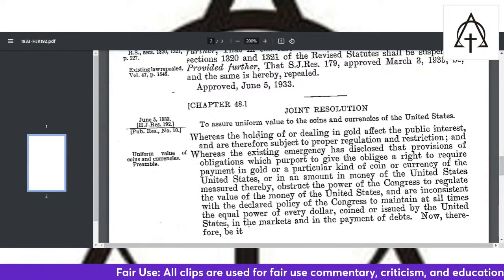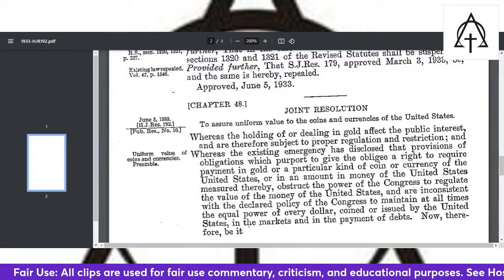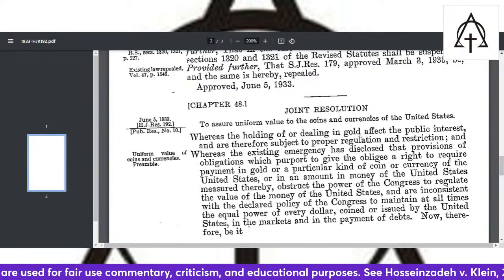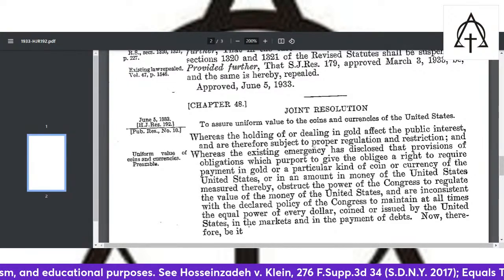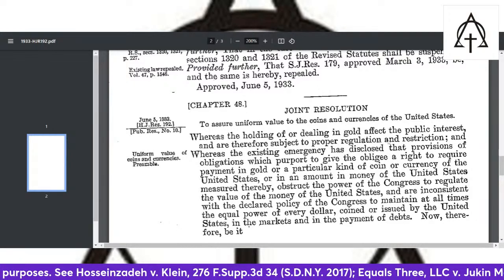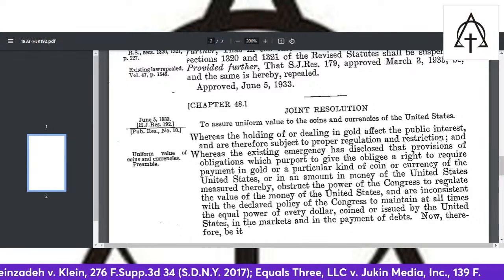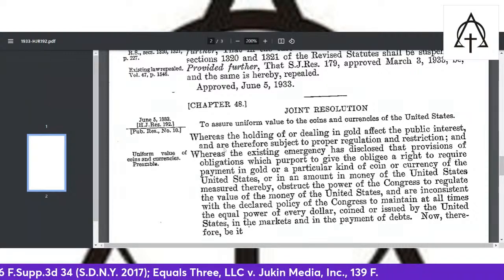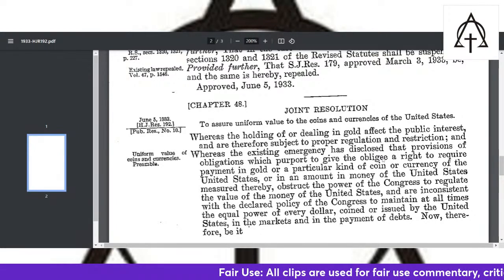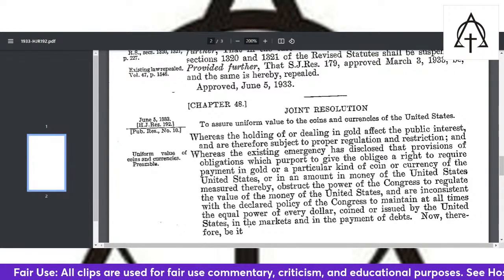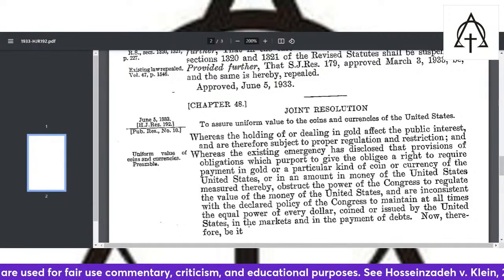Says, whereas the holding of or dealing in gold affect the public interest and are therefore subject to proper regulation and restriction. And whereas the existing emergency has disclosed that provisions of obligations which purport to give the obligee, that's you and me, the people, we're the ones they are obligated to.